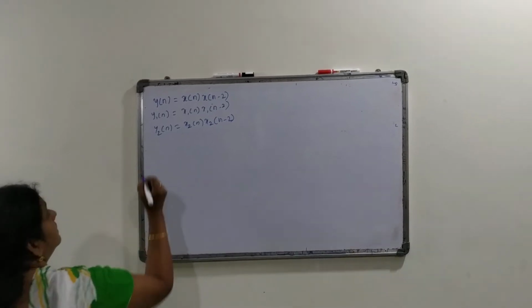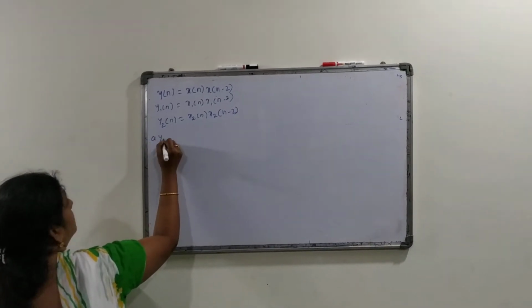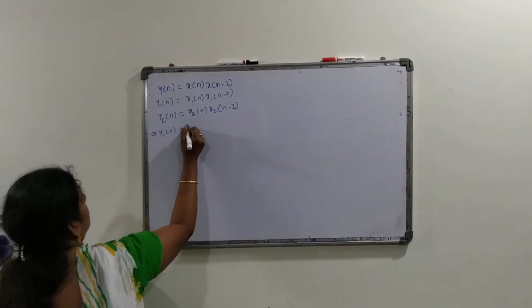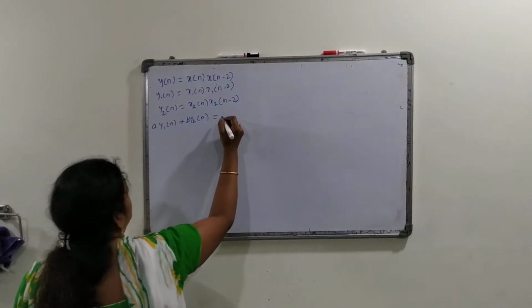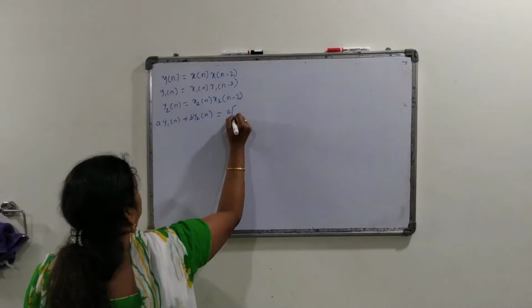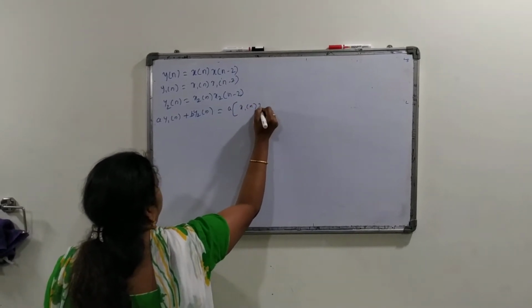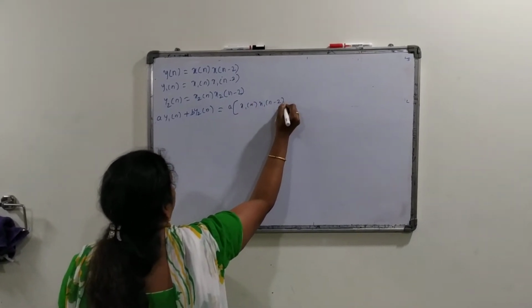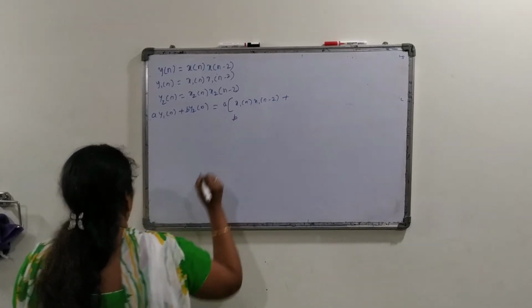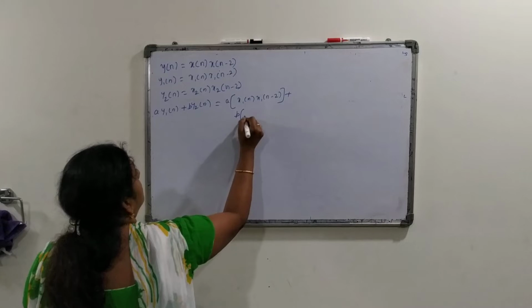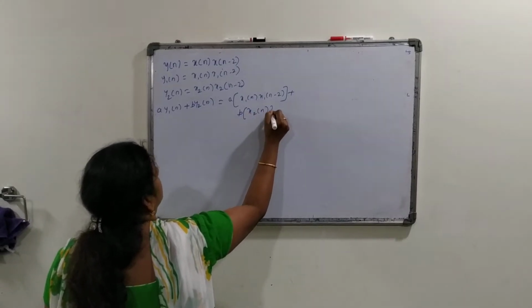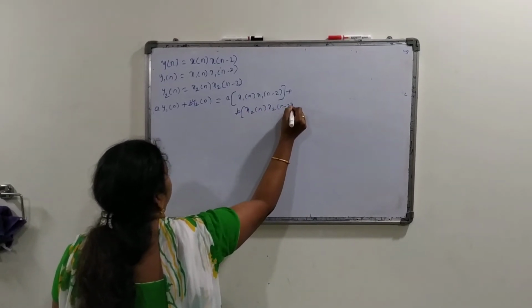Take the linear combination a y1 of n plus b y2 of n, which is equal to a x1 of n into x1 of n minus 2 plus b x2 of n into x2 of n minus 2.